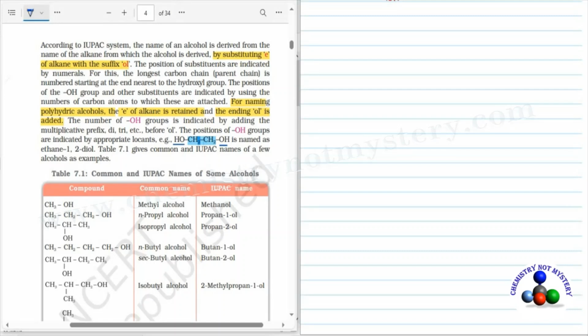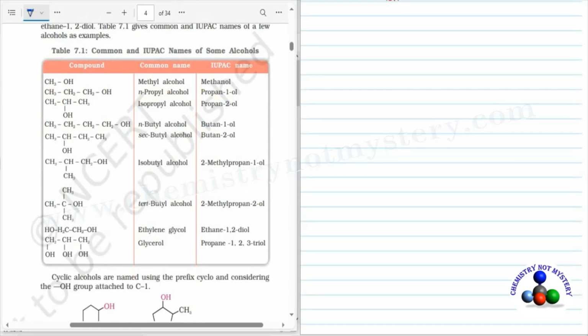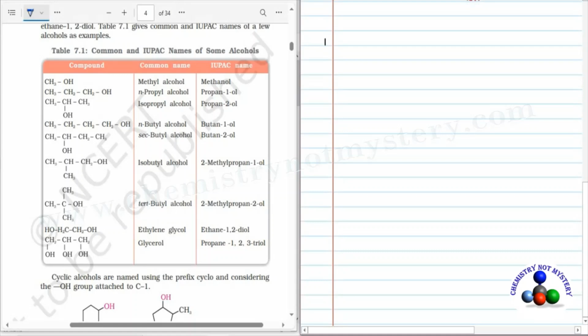Table 7.1 gives the common name and IUPAC name of a few alcohols as examples. So let's try to name each molecule. First, let's revise the rules of IUPAC nomenclature. In the first step, you have to select the longest carbon chain, which will be the parent chain. Then identify the substituents.